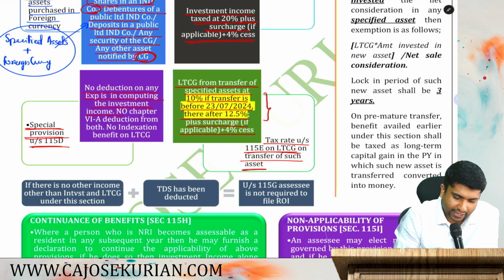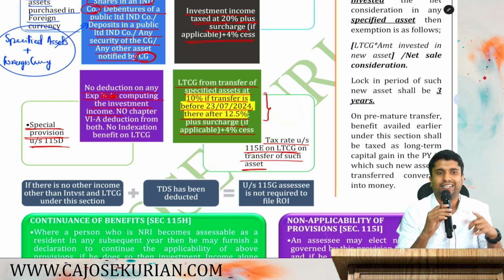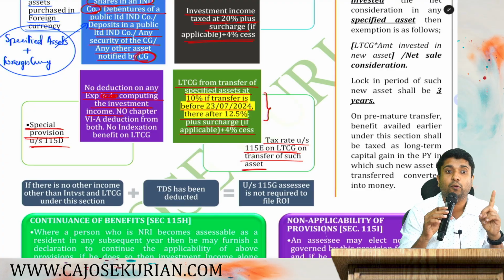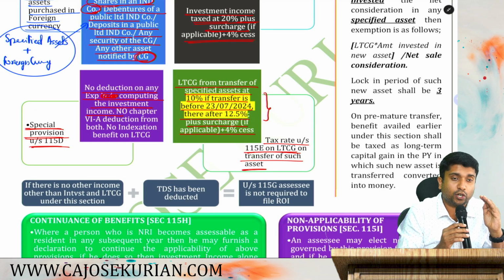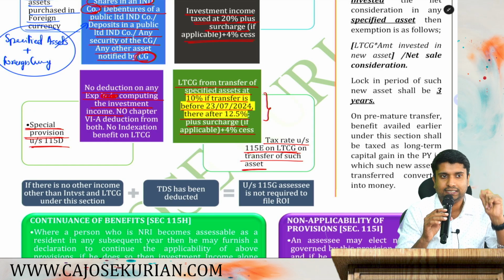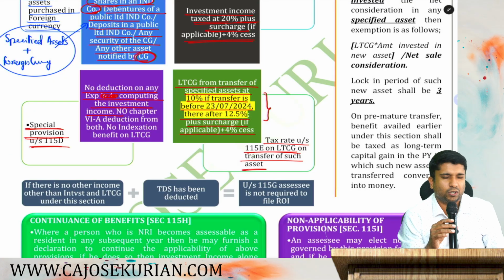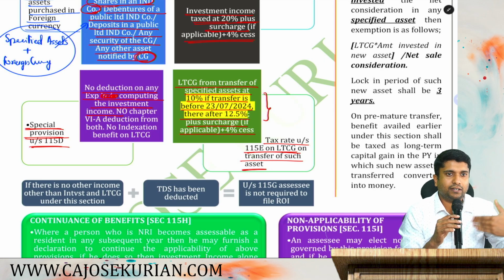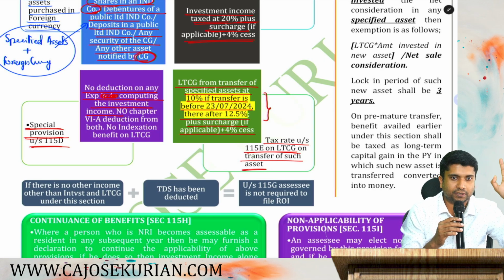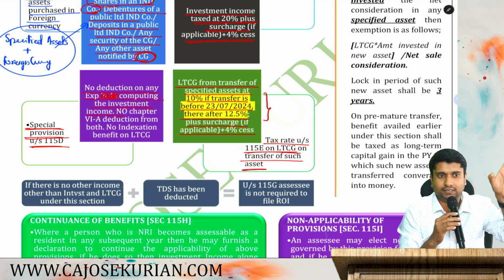While computing investment income, you are not supposed to claim any expenses as deduction. It is taxed at a flat 20%. What is flat? Whatever the dividend, whatever the interest, tax at 20%. Don't claim any expenses as a deduction.